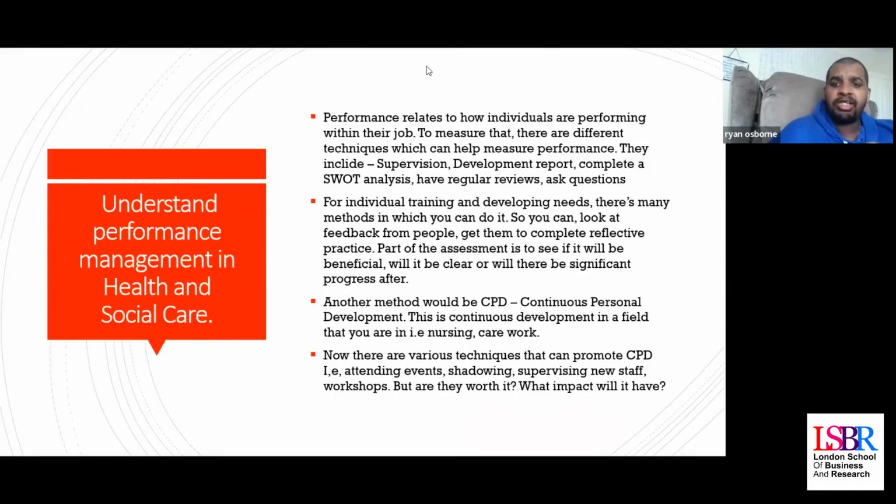Now the next one is you will have regular reviews. The reviews that you have are very important because, as you have those regular reviews, this is when the supervisor or your upline is able to share how you are getting on.